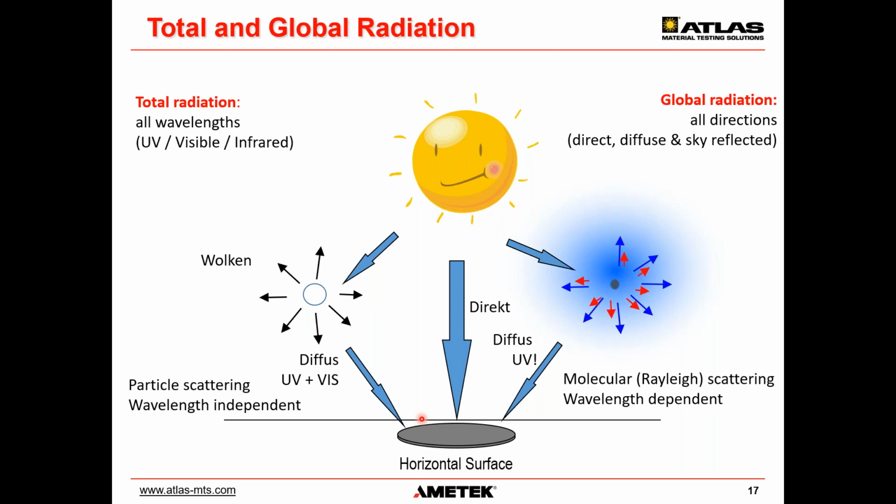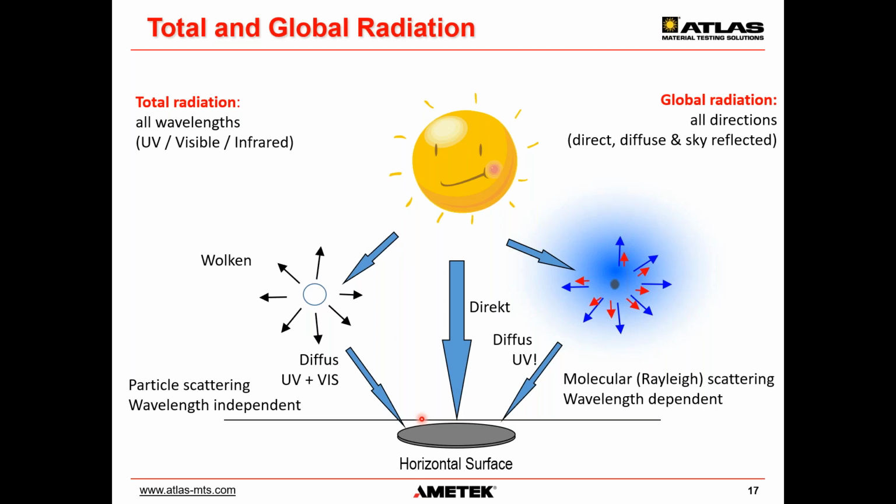There is particle scattering, for example with Wolken, which is the German word for clouds. I have to correct this in the slides. And particles scatter solar radiation independent of the wavelength. So no matter which wavelength, it's scattered into all directions almost similarly.